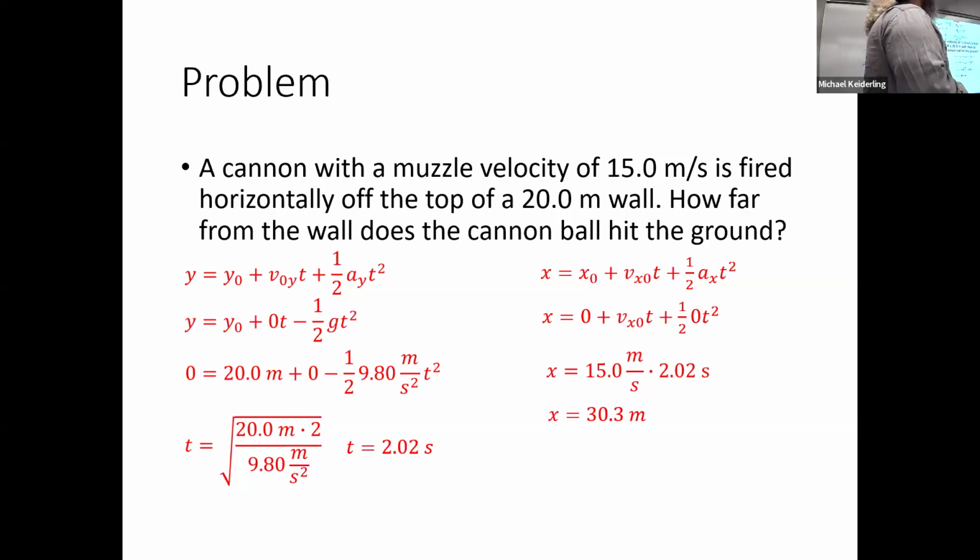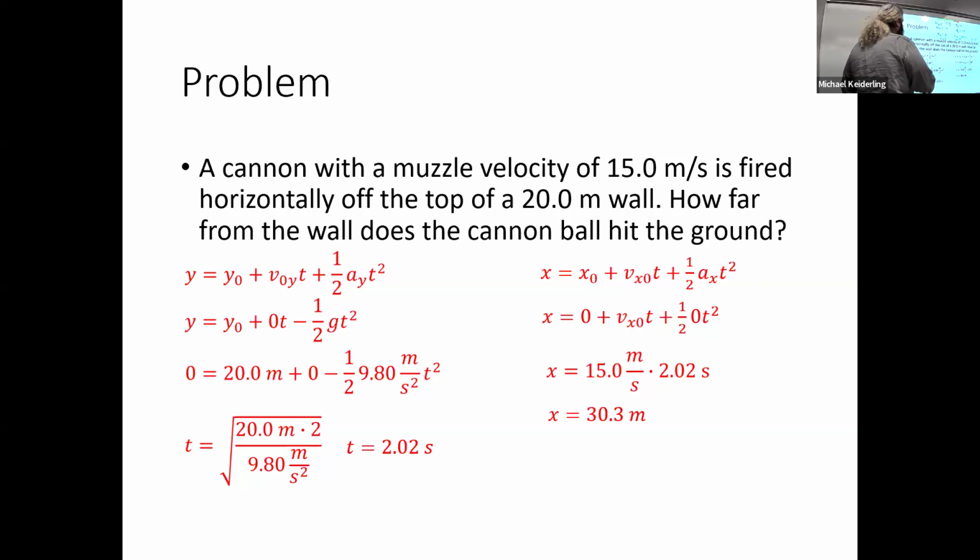Because we know things about y and we want to find things about x, we will tie things together with time. So we'll start by finding the time it takes for it to hit the ground. y equals y naught plus v naught y t plus 1/2 acceleration y times t squared. So y equals y naught plus 0t minus 1/2 g t squared.